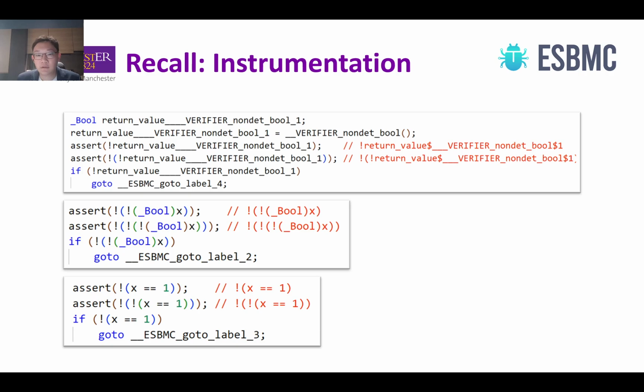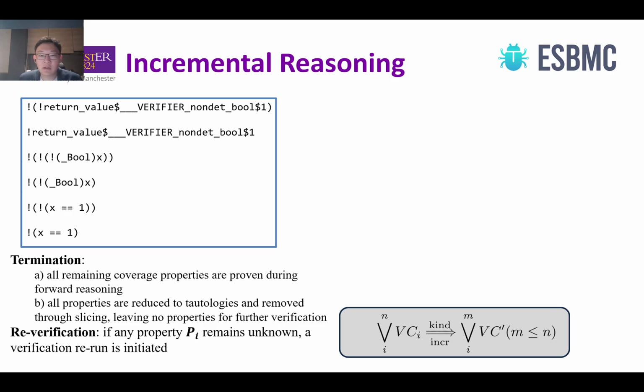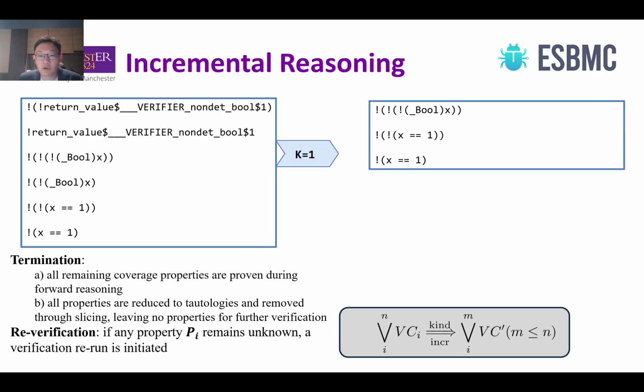Here, we continue to use the previous example to demonstrate this incremental reasoning process. In the program, we have 3 if statements, and we have already added 6 assertion instances as branch coverage properties. By doing incremental reasoning, ESBMC will automatically increase the bound. So when the starting bound is 1, we have 3 instances solved.